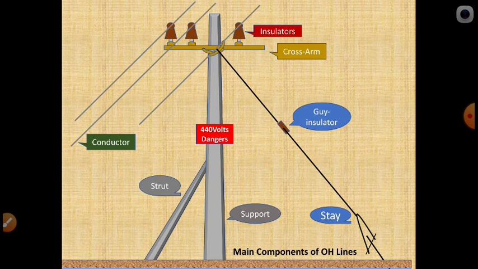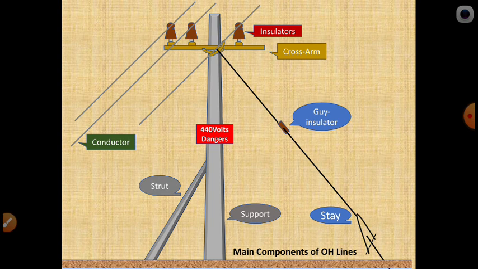You can see the danger plate and barbed wires, and sometimes butt guarding also. Fuses and isolating switches are also required wherever we need a cut point. At that condition we can use isolators, and sometimes we require a lightning arrestor also. So these are the different types of components for a support.